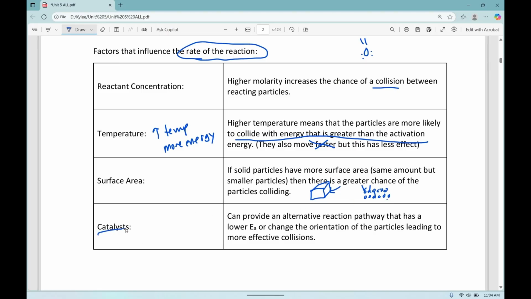And then finally, a catalyst. A catalyst can provide an alternative reaction pathway that will lower the activation energy. So in the body, an example of catalysts are enzymes, and that is a bridge between chemistry and bio a little bit. They will lower the activation energy that will allow the reaction to happen.